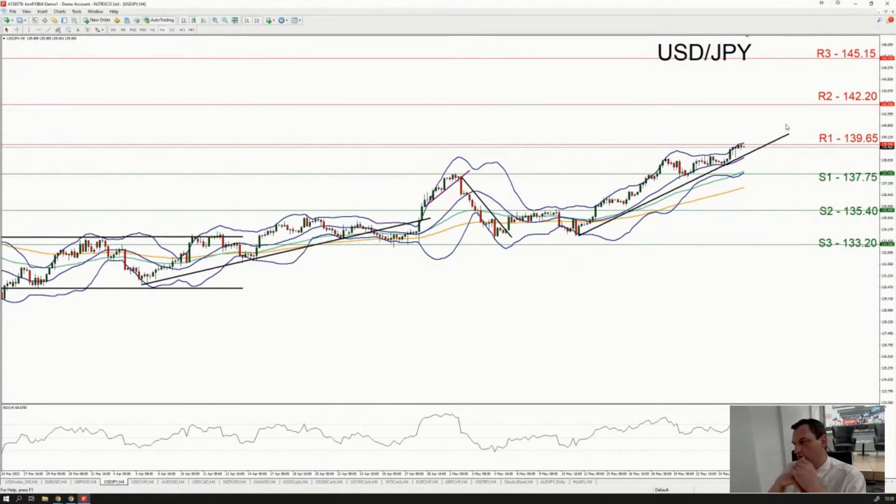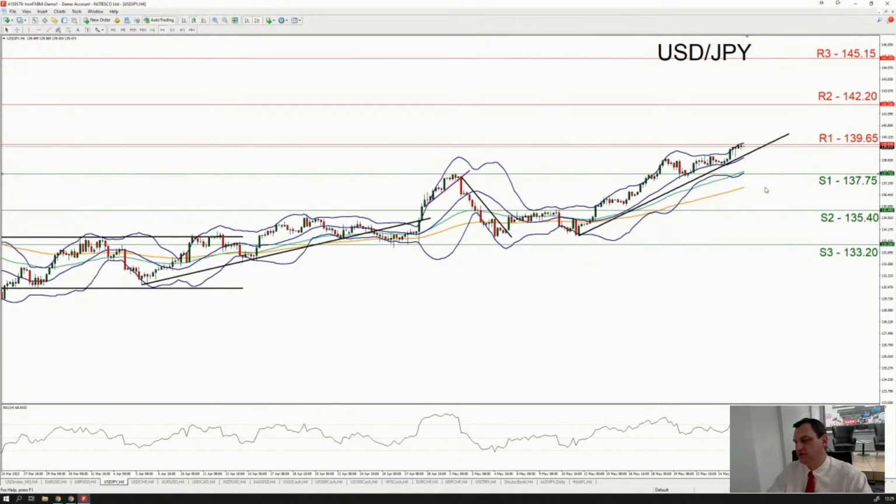For a bearish outlook, I would require the pair to drop, break the upward trend line, but also break the 137.75. Let me reposition that a little bit. And start aiming for the 135.40. So that would more or less imply a movement like once breaking the upward trend line, but also breaking the S1 137.75 and move lower.